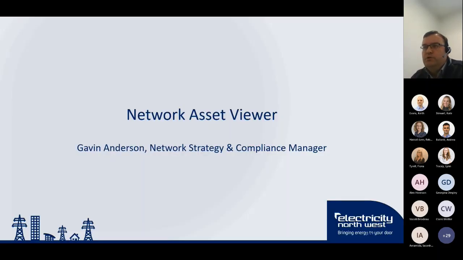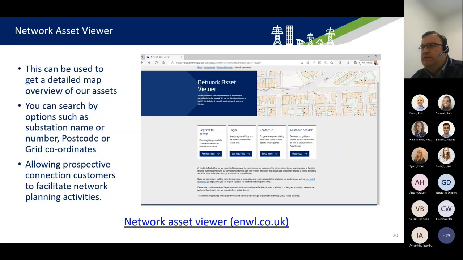I think the next slides go on to talk about our network asset viewer. I only have one slide to cover the network asset viewer, but this is a tool that we have on our website which allows users to gain a detailed map overview of all of our assets. These are searchable by substation, postcode, grid coordinates, and so on. This allows connections customers potentially to search in detail on our cable and plant records to facilitate their own network planning activities.